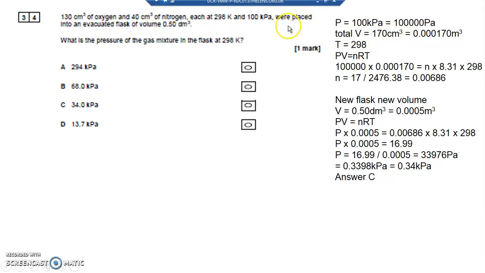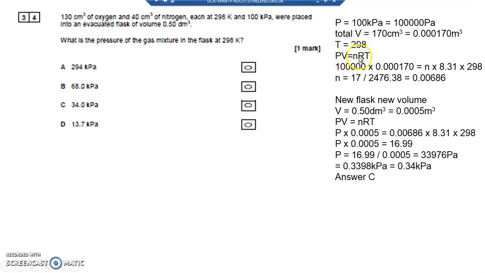To get centimetres cubed into metres cubed, I have to get it into decimetres cubed first by dividing by 1,000, going from a small unit into a larger unit. Then to go up again into metres cubed, I divide by 1,000 again. So 170 centimetres cubed divided by 1,000 is 0.170, divide by 1,000 again, 0.00170 metres cubed. My temperature is already in Kelvin, that's fine.